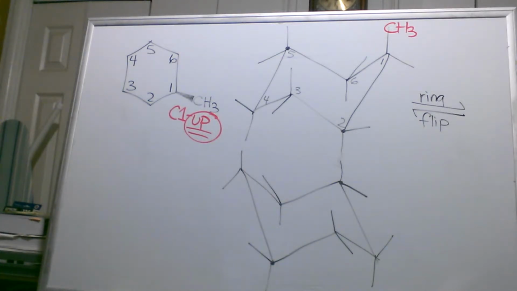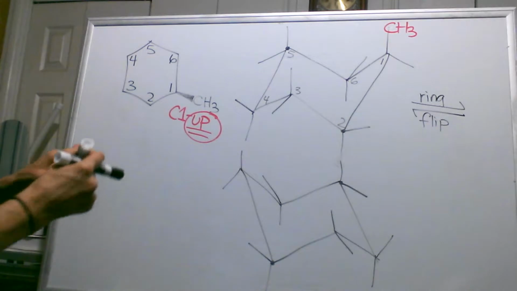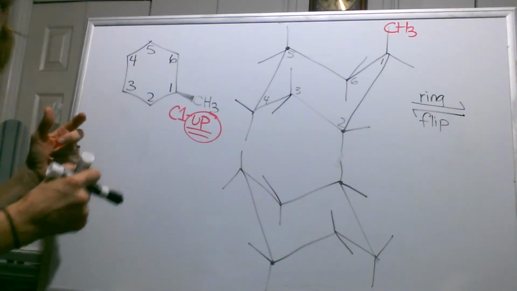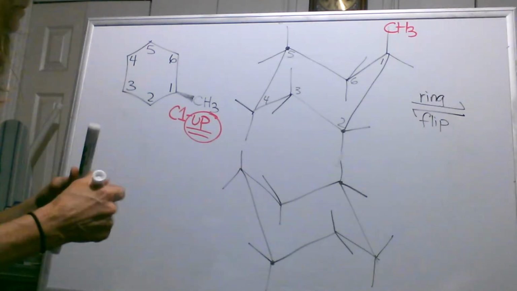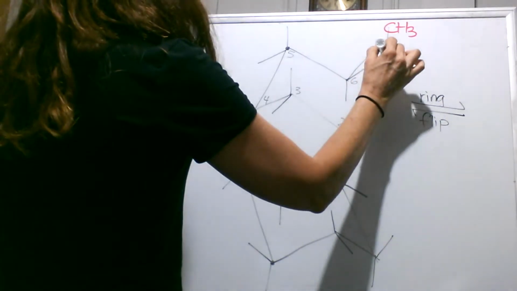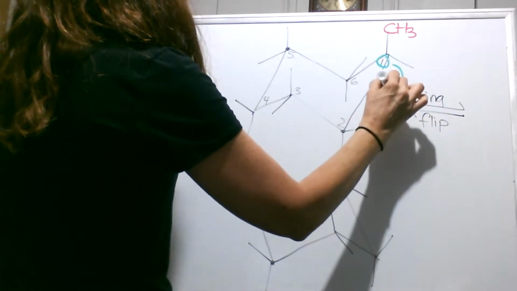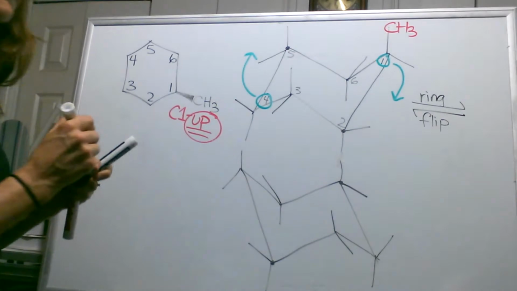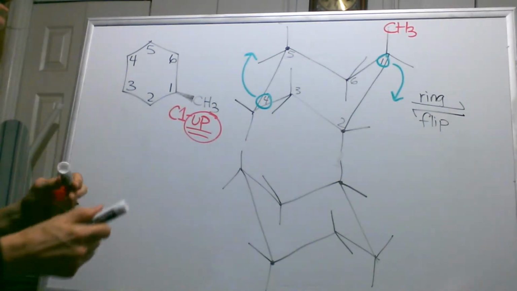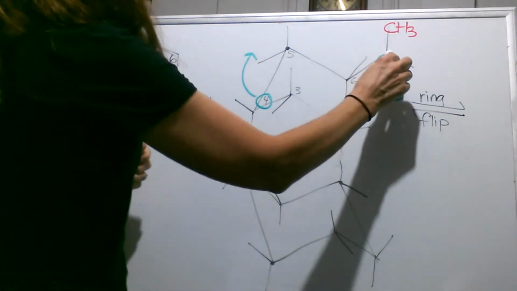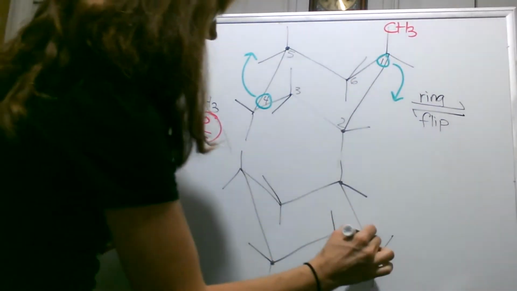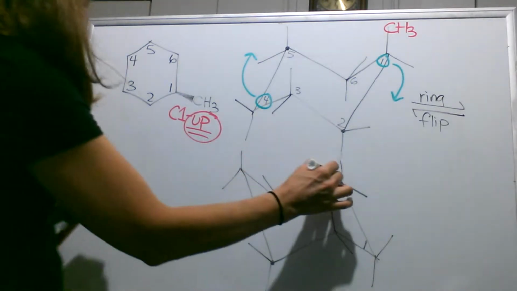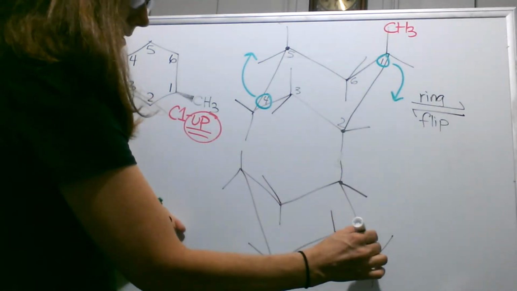Here's the thing that you have to be careful about, because in the process of ring flip, and if you have a model set, you should build the model and bend the carbons, and you'll see how this works. But this carbon pulls down, and this carbon pulls up in the process of ring flip. What you have to remember is this is carbon 1, but because you pull it down, carbon 1 is no longer this upper corner, it is down here.